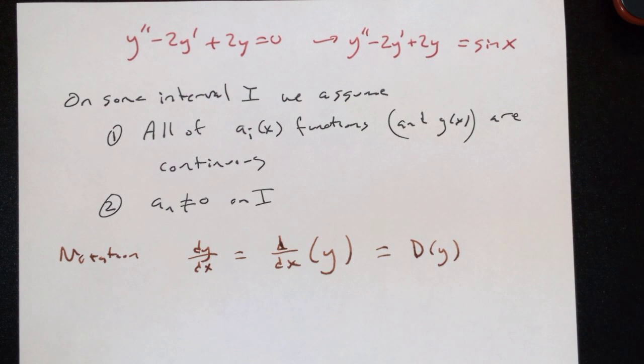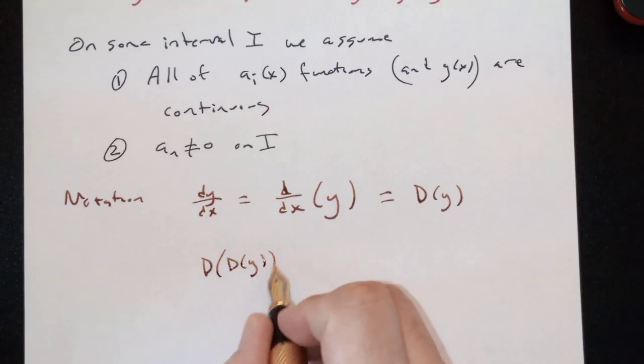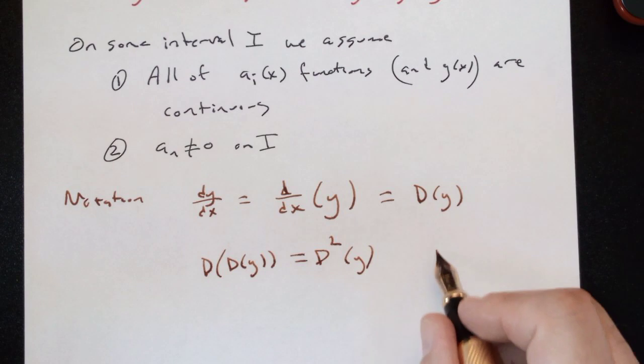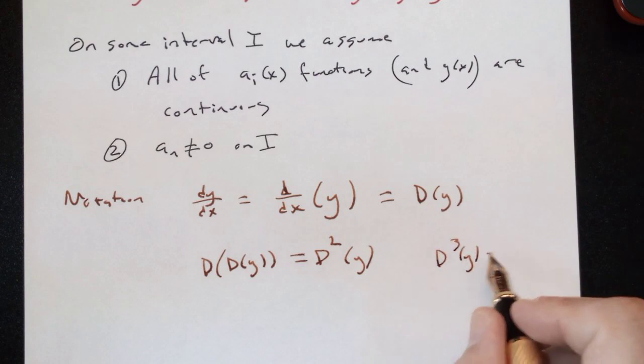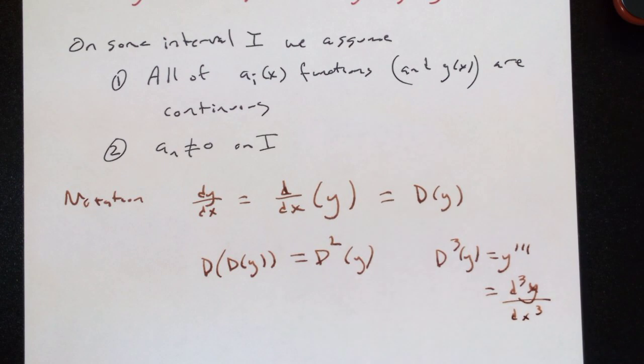But the best part about this is it's stackable. My second derivative would then be D squared. My third derivative is D cubed. I like writing D cubed more than I like d3y of dx to the third.